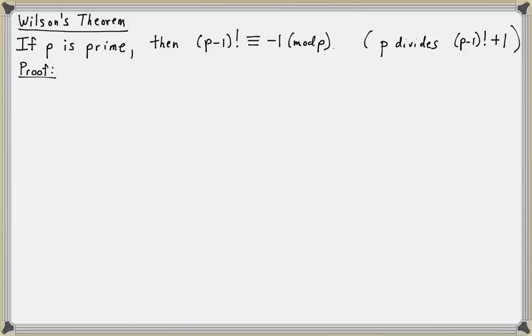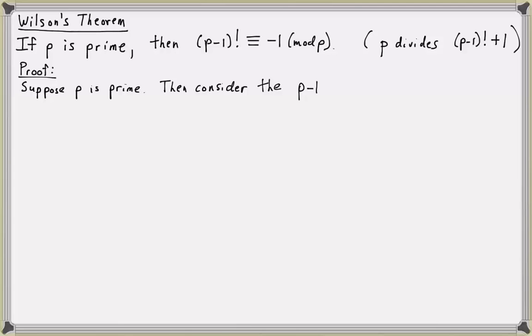We need a prime number, so suppose p is prime. Then look at the positive integers 1 through p minus 1. So there's p minus 1 of those numbers.